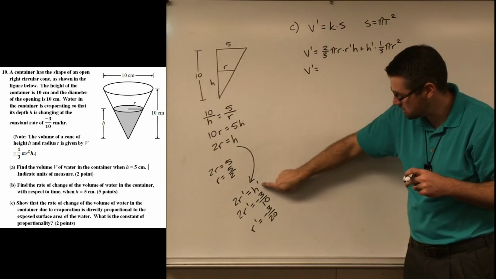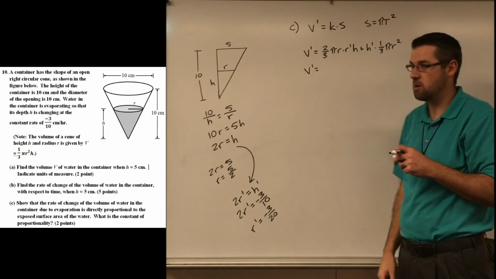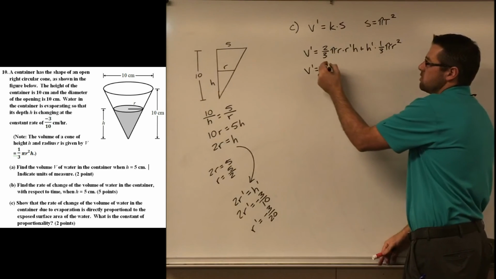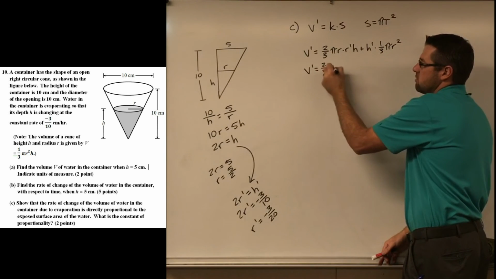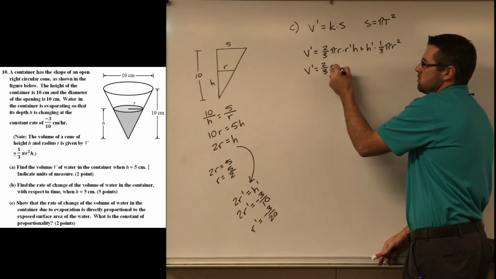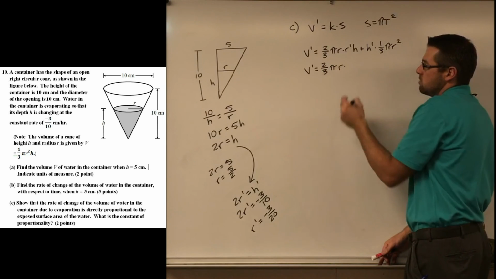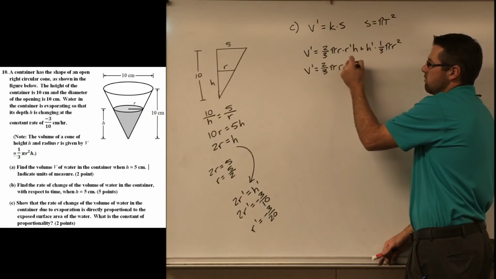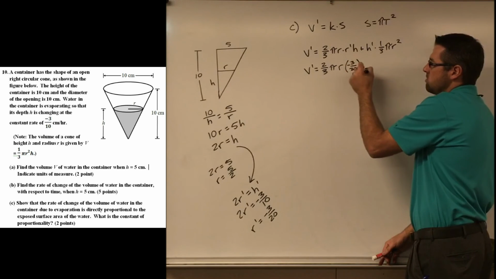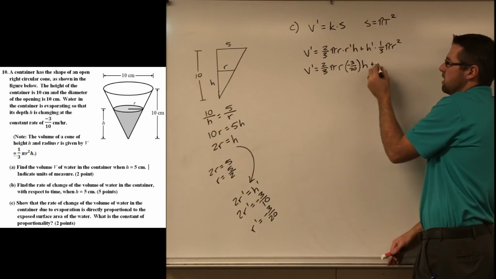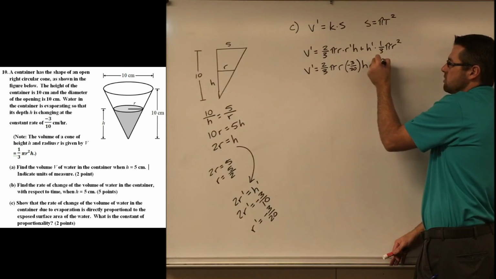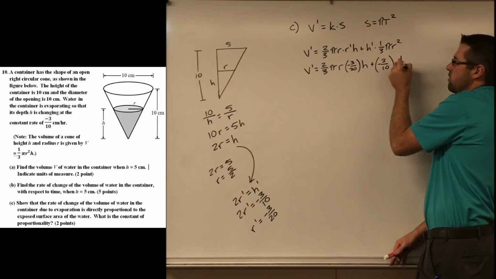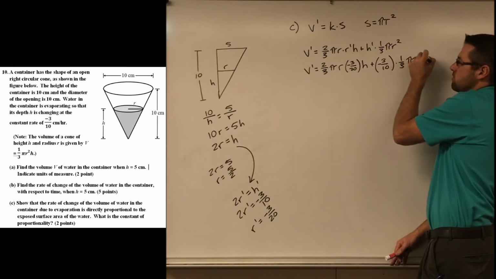Well, if h prime is a constant, then r prime is a constant, right? So these values, r prime and h prime, are constant values. So I'm going to plug those values in because I know what they are. So 2/3 pi r times, what's r prime? -3/20 times h is changing, so I don't want to plug that in. H prime was -3/10, and then times 1/3 pi r squared.